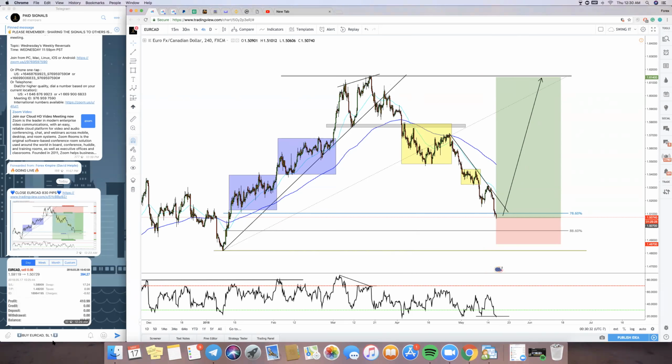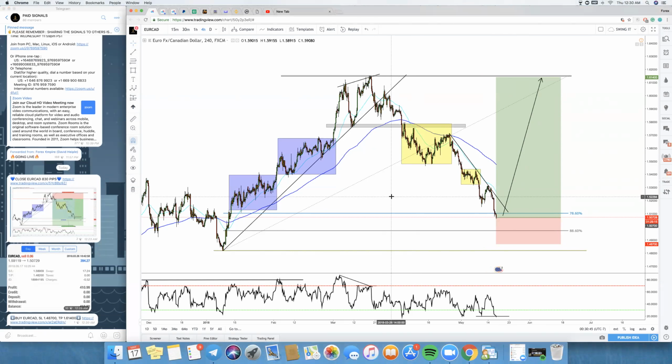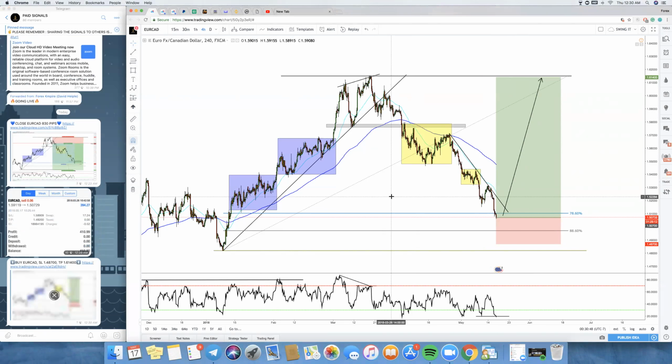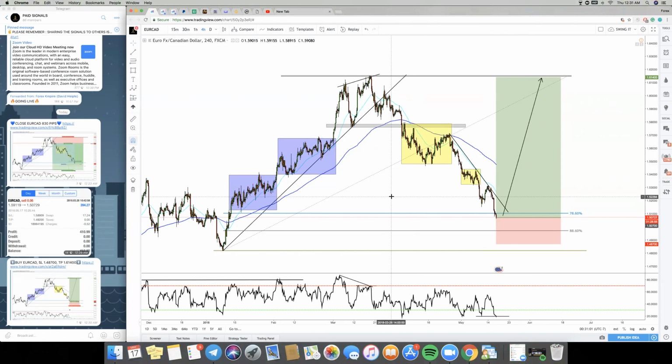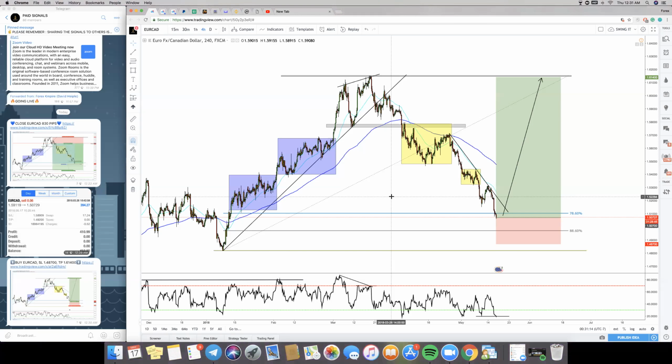So, okay. Stop loss is 1.61400. Okay, 14, 487, 614.